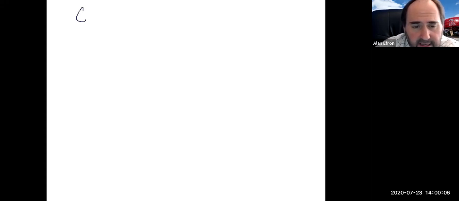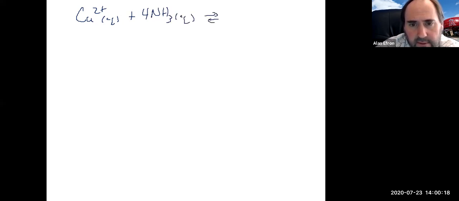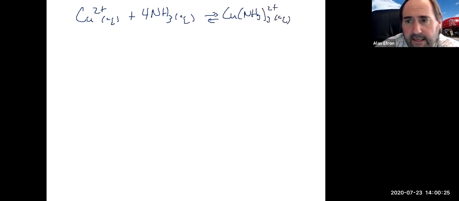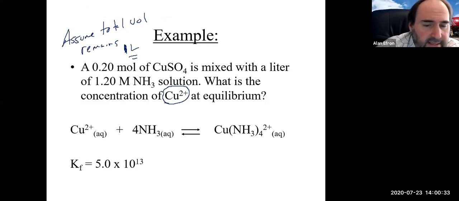So we have Cu2 plus and 4 NH3, and it goes to our Cu(NH3)4 2 plus, and our K value. Let's take a look at a couple of things here. So we are going to need our initial concentrations for our ICE table. So we need to figure out the initial of copper and the initial of ammonia.